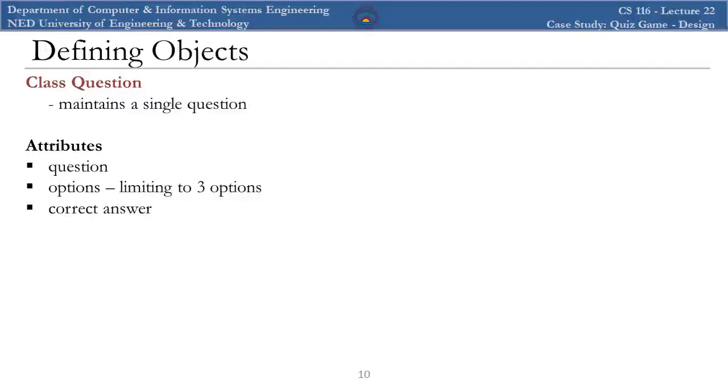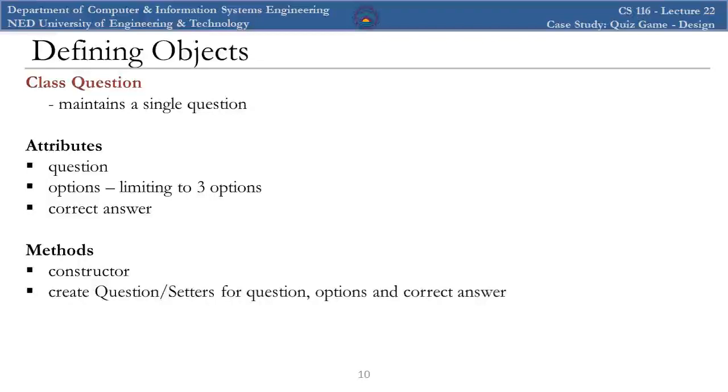What methods can we have here? The first method is surely going to be the constructor. We'll decide shortly what we place here in the constructor. Then we should have some setter methods for these three fields, like the user should be able to set a new question, he should be able to set some options for that question and the correct answer for the same question.